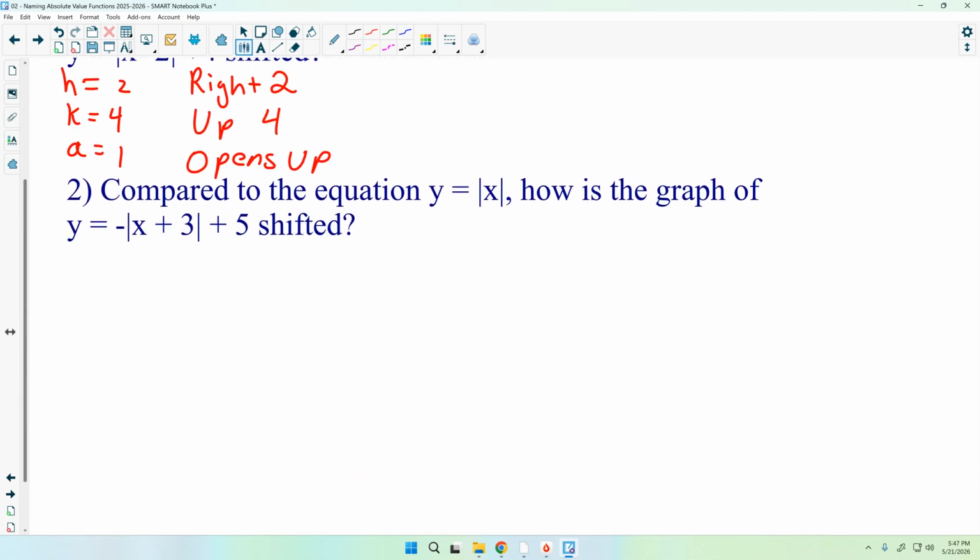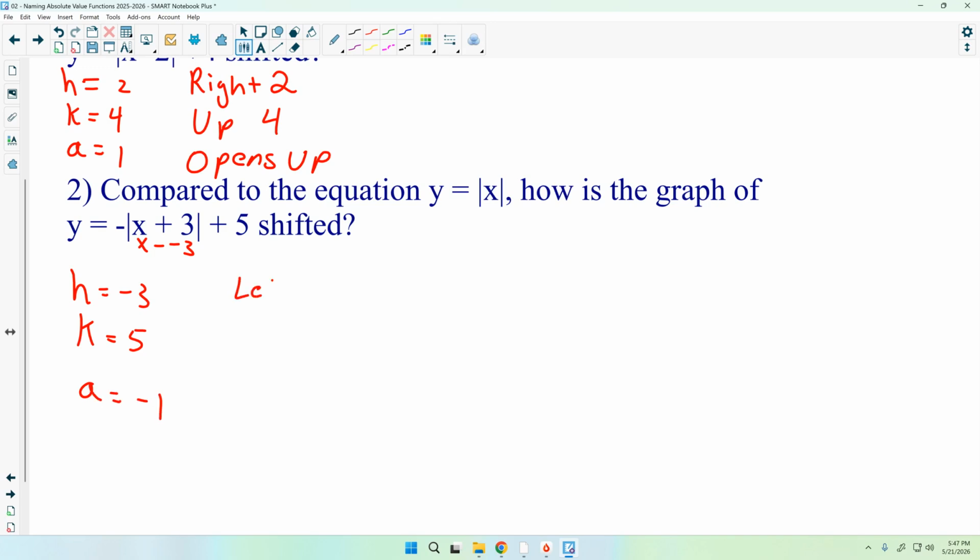On number 2, y equals negative 1 times the absolute value of x plus 3, plus 5. Remember, the only way to get that positive sign there would be to do an x minus negative 3, meaning our h is negative 3. We can see our k value is positive 5, and then our a value is negative 1.